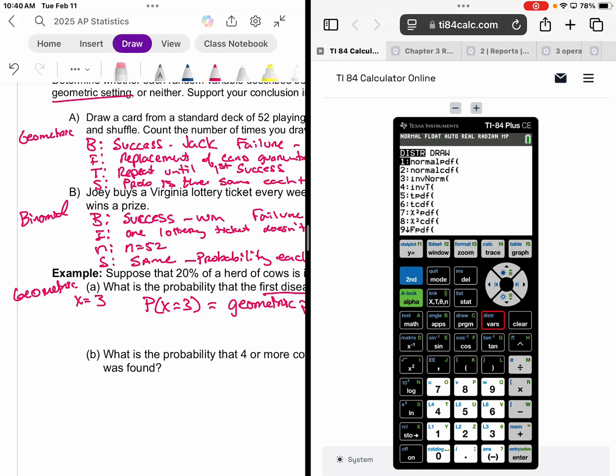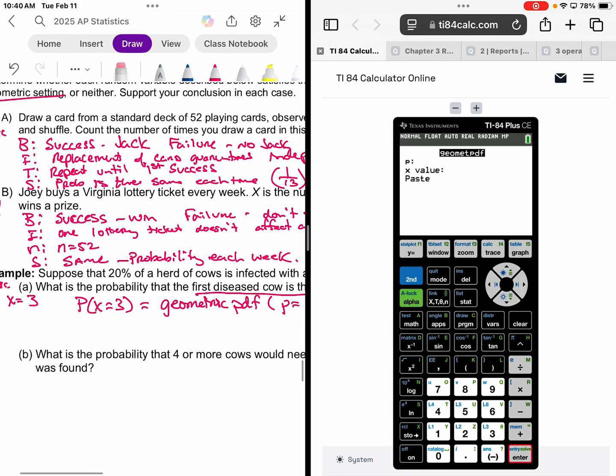So second vars, geometric PDF. Then we say, okay, probability of success 0.2, and third cow. Paste, enter. Okay, 0.128.